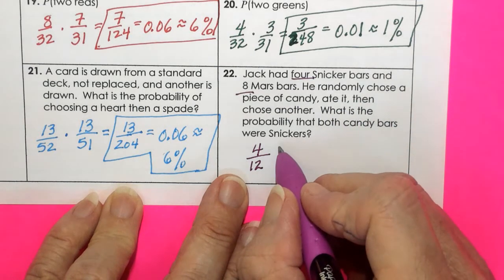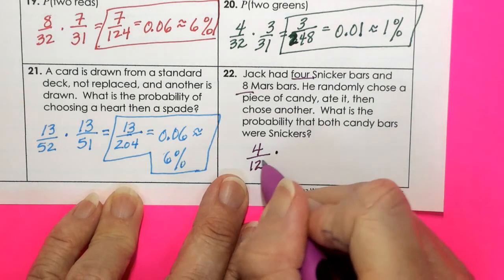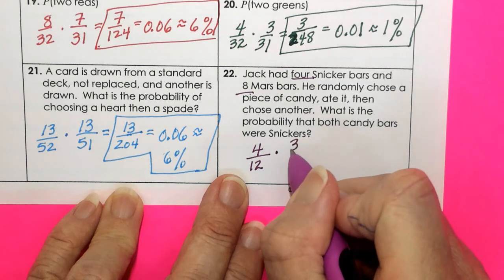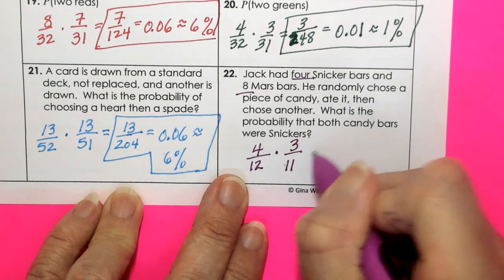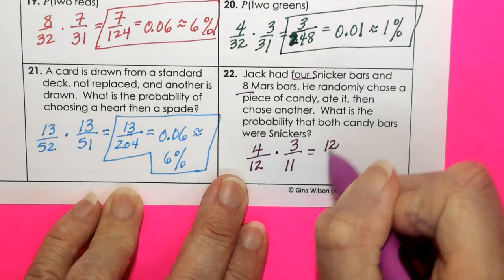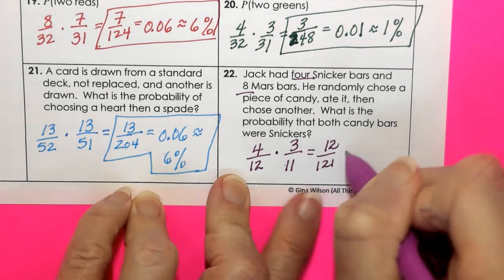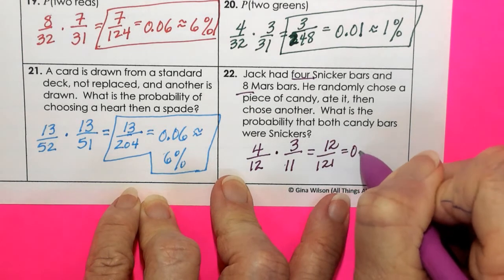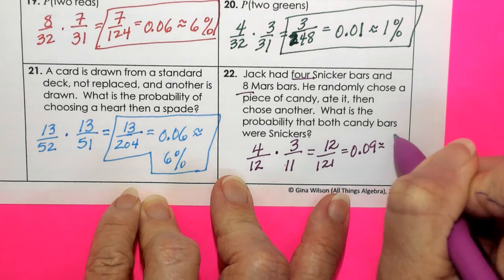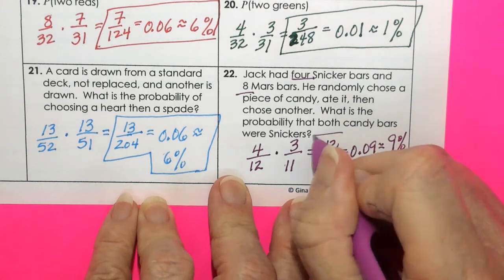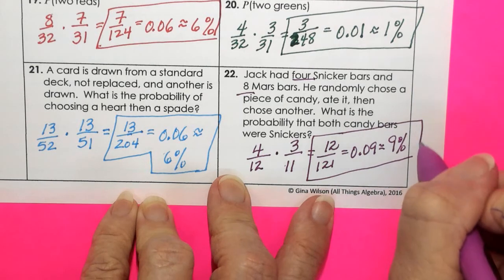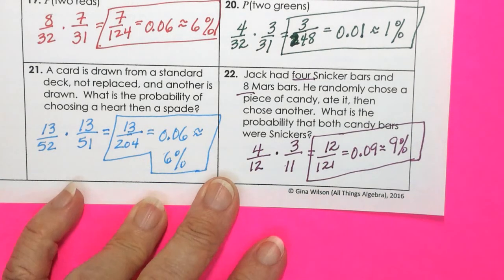So he wanted to randomly get 2 Snickers. Then, since he ate one, the next time he only has 3 to choose from out of 11. So that gives us 12 over 121, which equals 0.09, which is about a 9% chance. There are your examples of dependent compound events.